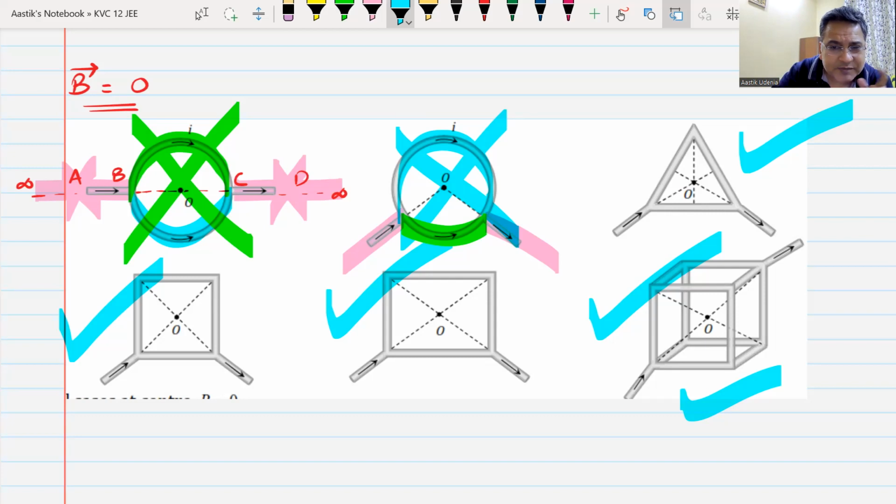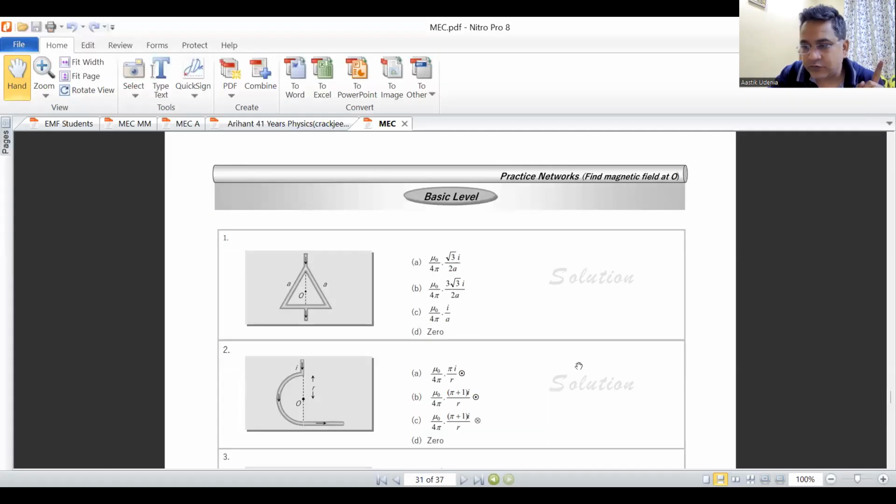It is a big assignment sheet that consists of everything, right from your MEC to everything. The part of the sheet that I'm talking about is this one. And how do I show it to you? I shall show it in this way.